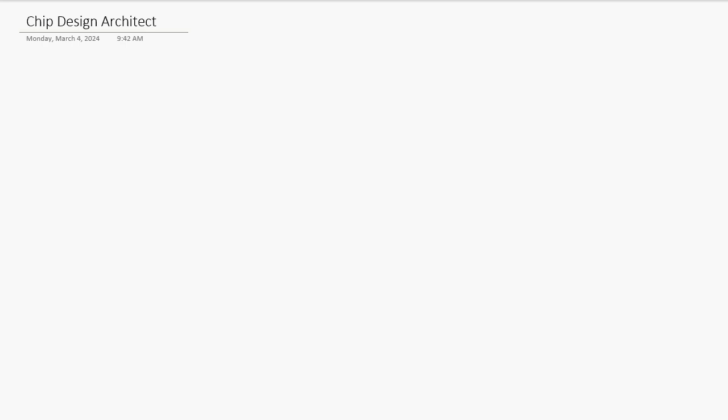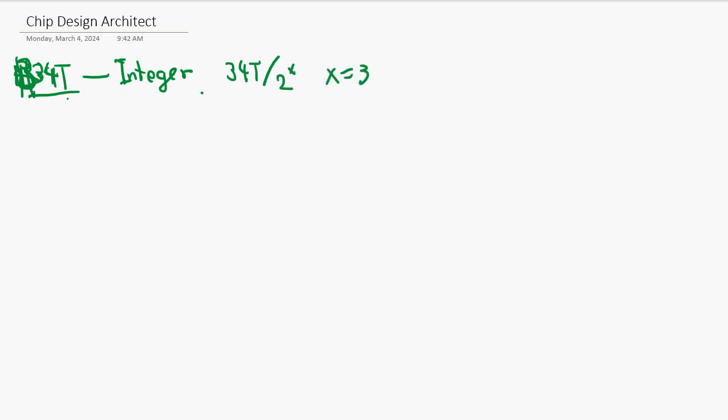Here's a good example I use. Say we have $34 trillion debt in the federal government. When they calculate, what do they use? Integer, right? Inside the computer they use integers to calculate the money. But $34 trillion is like 34 trillion divided by 2 to the x, and this x is almost 32 bits.